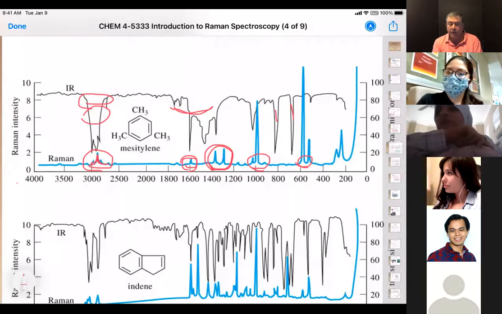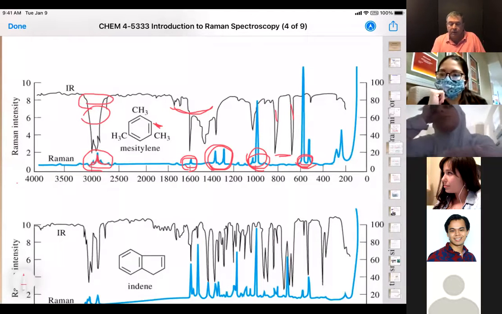All of these are going to be carbon-carbon single bond symmetrical stretches. Probably the first one's going to be due to the CH3s moving in and out from that benzene ring. These are probably going to be CH bands as well, moving in a different way around these methyl groups.